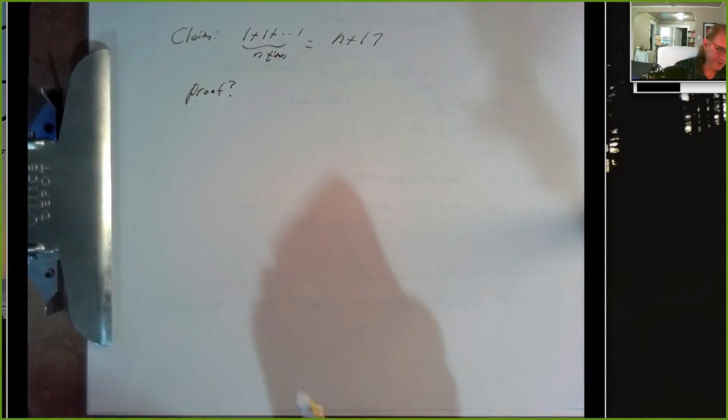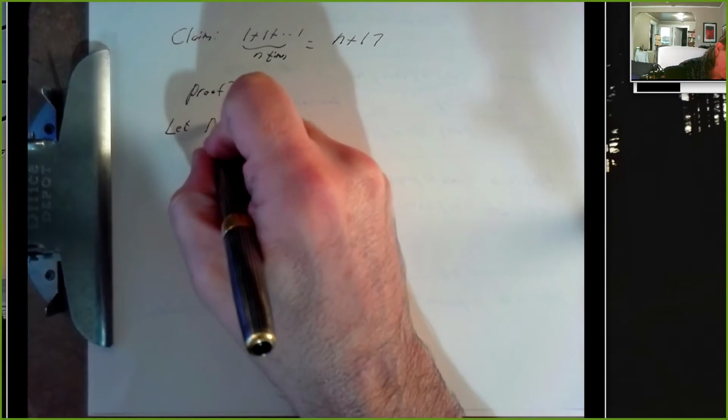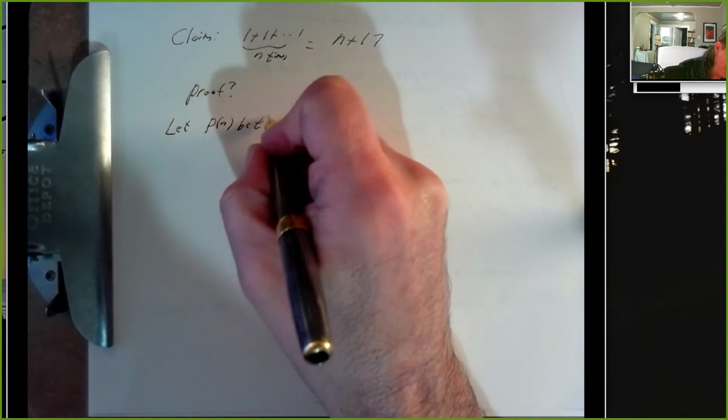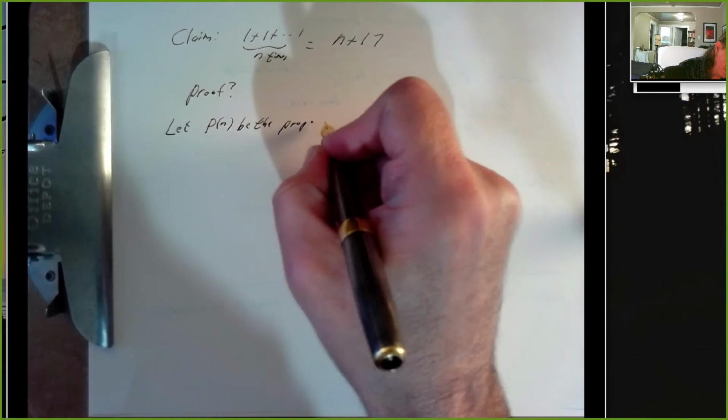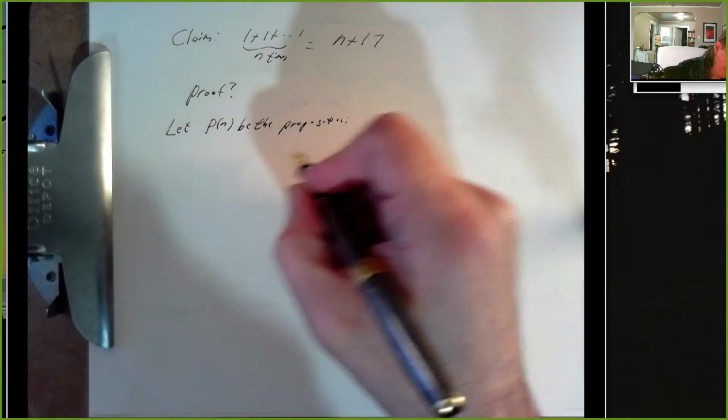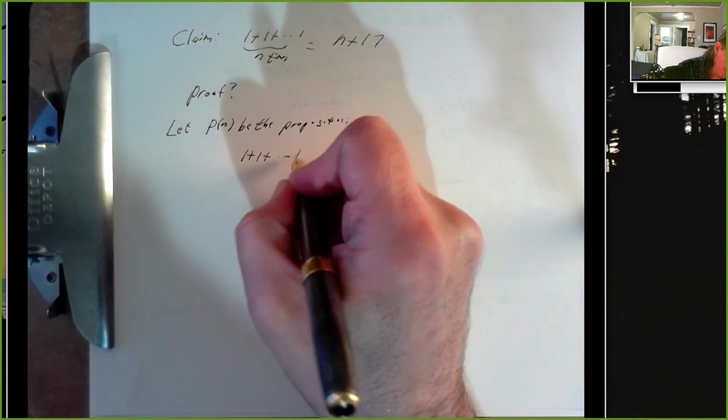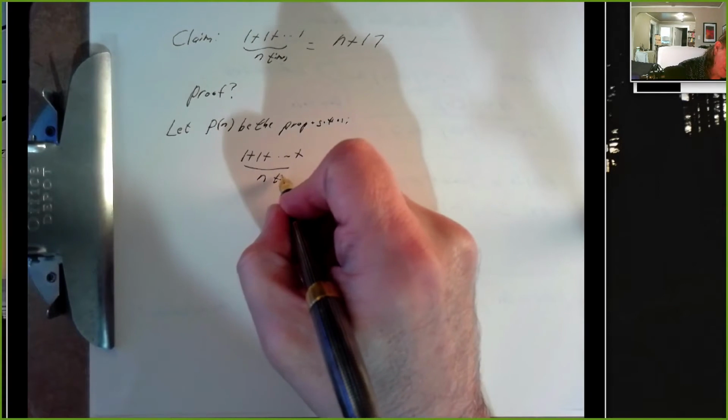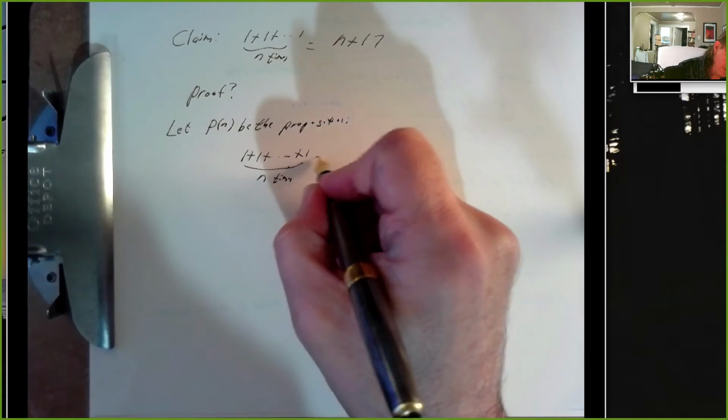Is there a proof for this? Let P(n) be the proposition 1 + 1 + ... + 1, n times, equals n + 17.